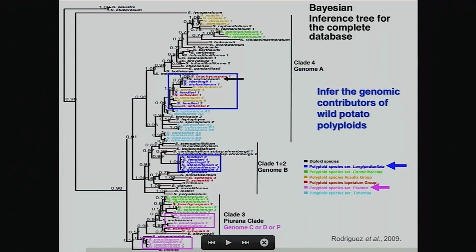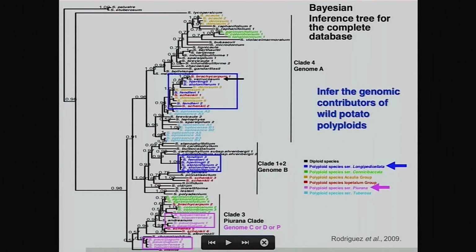They have two genomes, A and B, and we are also confirming that Solanum verrucosum, a diploid from Mexico, remember, that has the A genome, is the maternal donor of those species in this series. I will not tell you all the details, but it's the same in the other species.